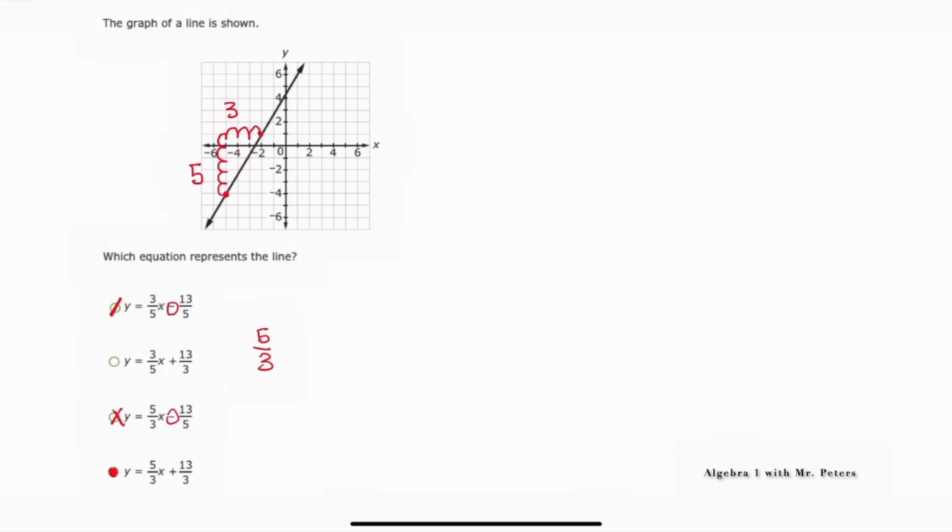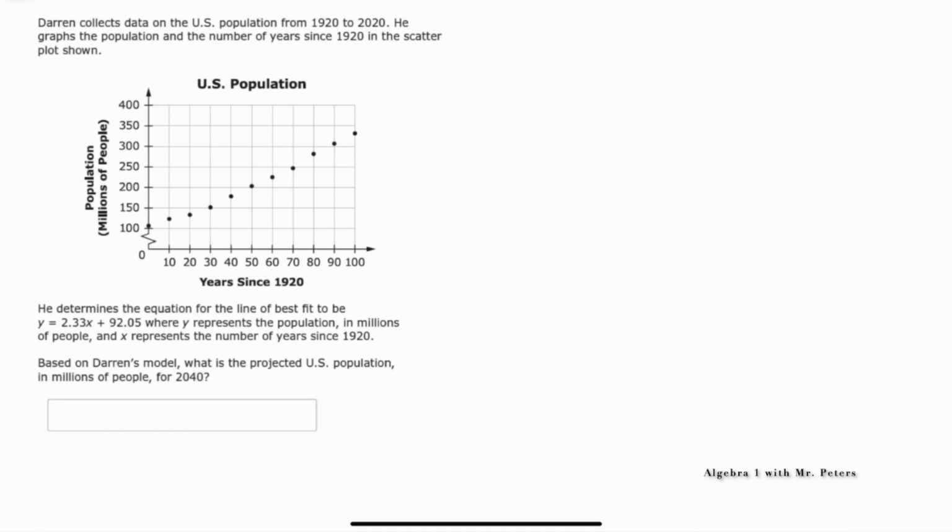Please always try to use process of elimination because when you use it, you give yourself at least a 50-50 chance. In problem number 28, they want us to determine what is the projected population in 2040. And they gave us the equation y is equal to 2.33x plus 92.05.